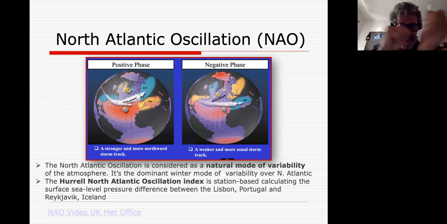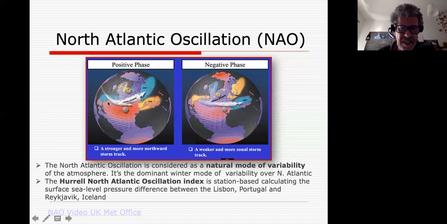But interestingly, the positive phase is obviously calculated by this pressure gradient.